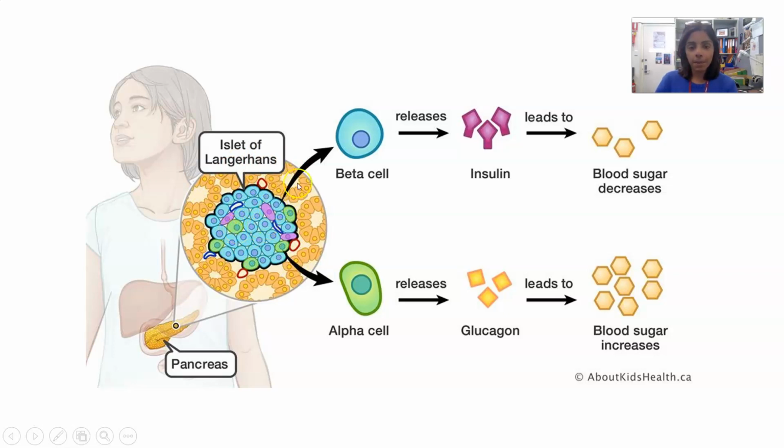The blue beta cells release the hormone insulin, which encourages uptake of blood glucose, therefore decreasing blood glucose concentration, whereas the alpha cells release glucagon, and that encourages the breakdown of glycogen to glucose, which means that there is a higher level of sugar in the blood at the end.